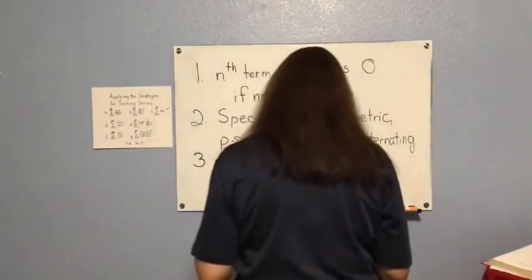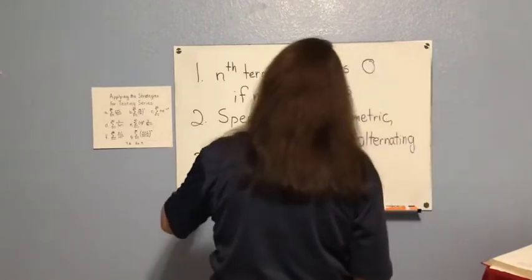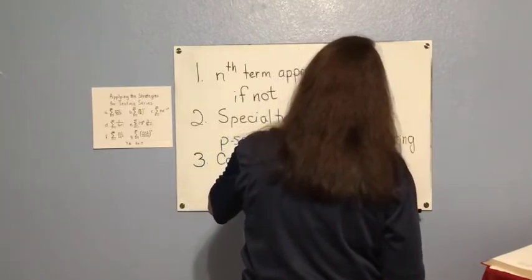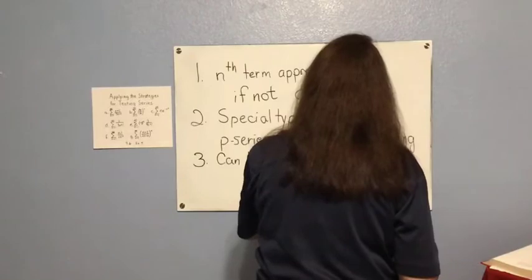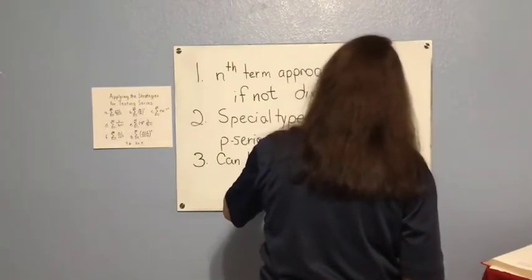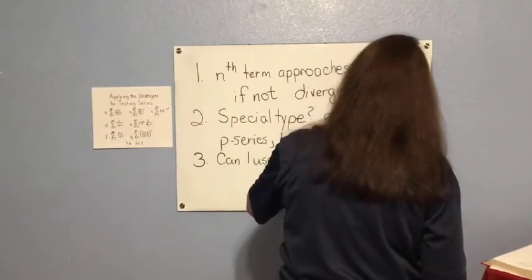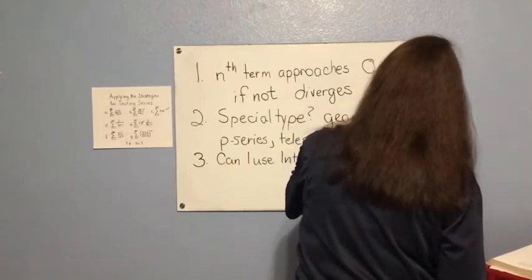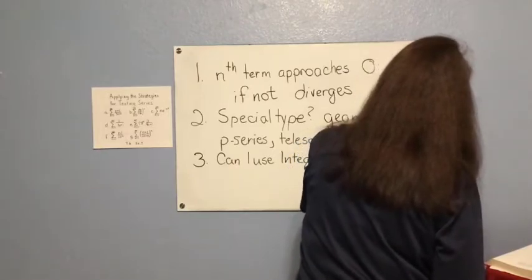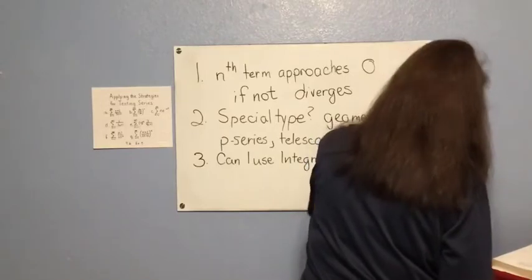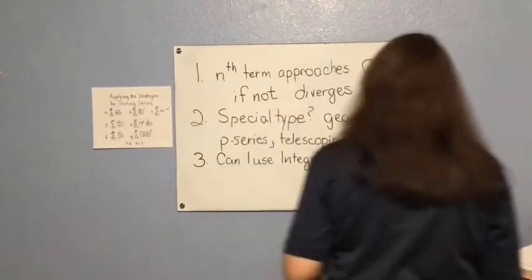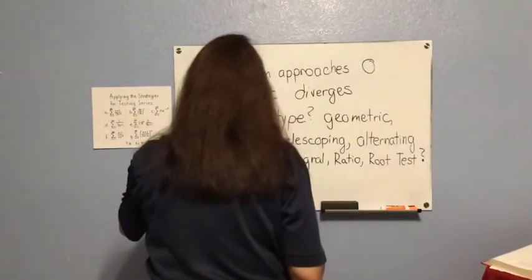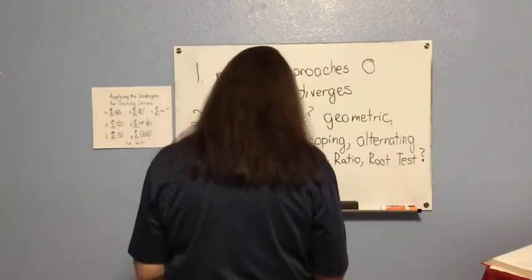Okay, if I don't have a special type, can I use the integral test, the ratio test, or the root test? Okay, and if none of that works, this is kind of my last resort.